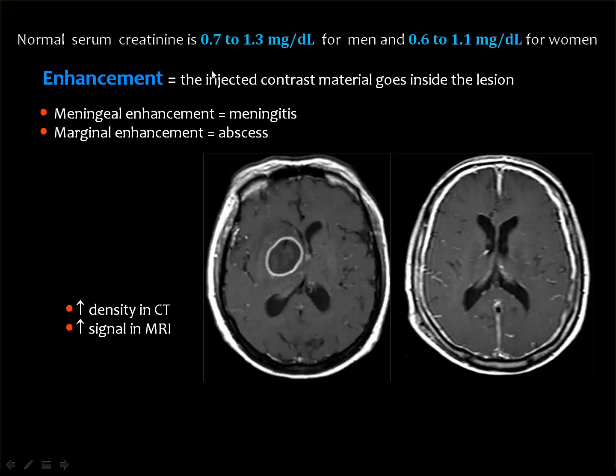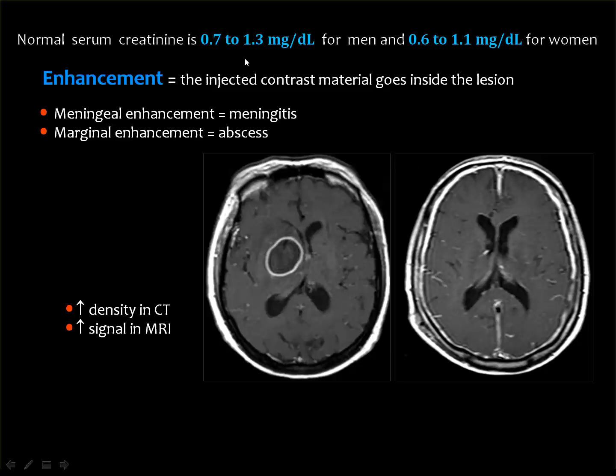I put these numbers from the internet in order to know the normal levels. This is the normal serum creatinine for males, and this is the normal serum creatinine for females. In my opinion, I accept 0.2 above this number, and I go for injection of the patient with contrast material.